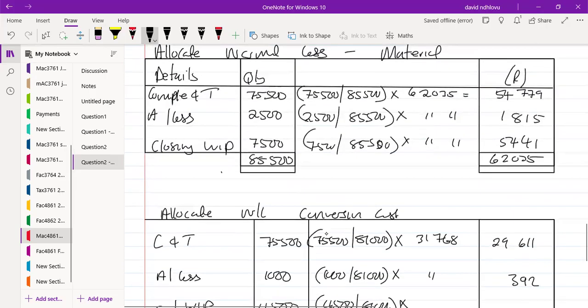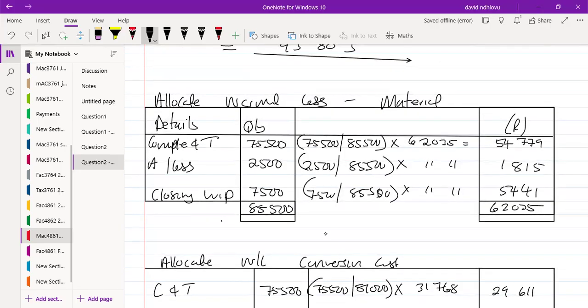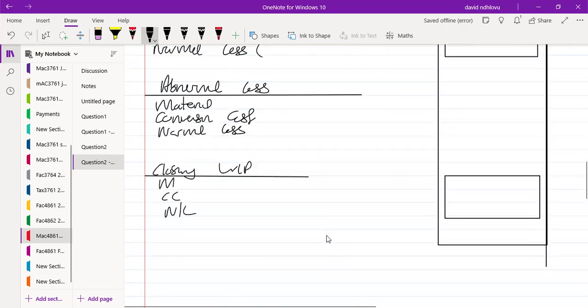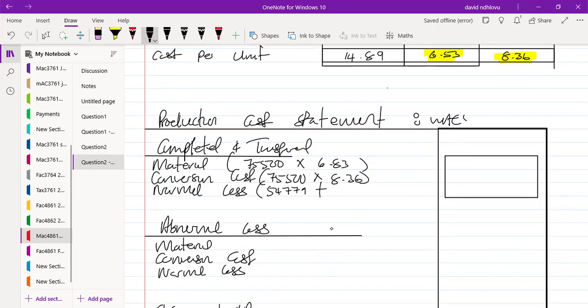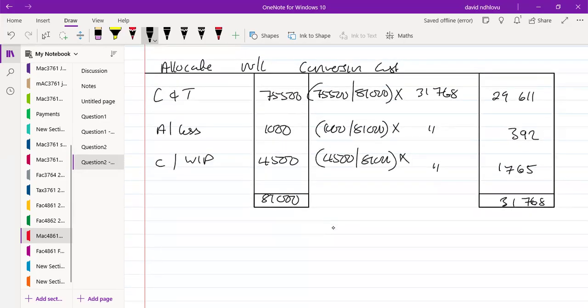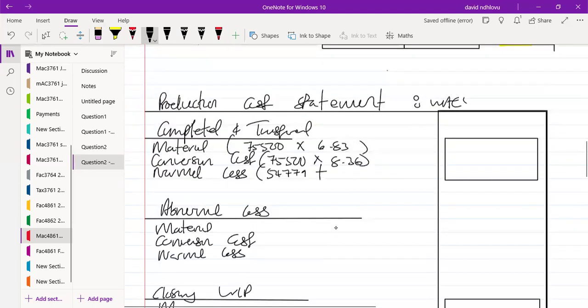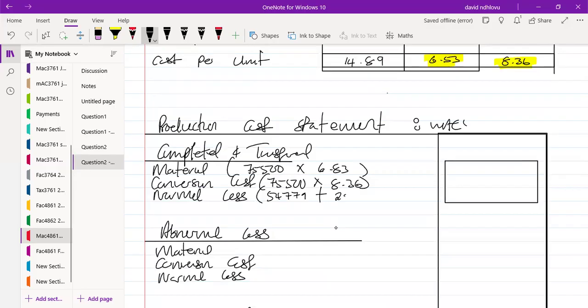You allocate normal loss in terms of the material to the completed and transferred, which is 54,779. That's for material. And then for conversion costs, you allocate the 29,611. Then you are done with the completed and transferred.